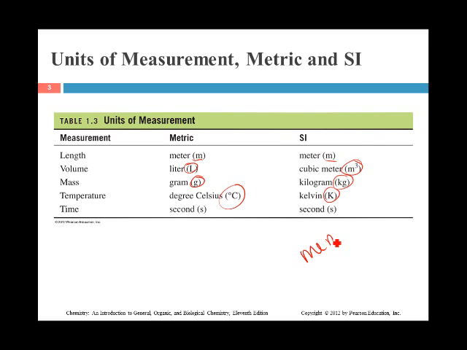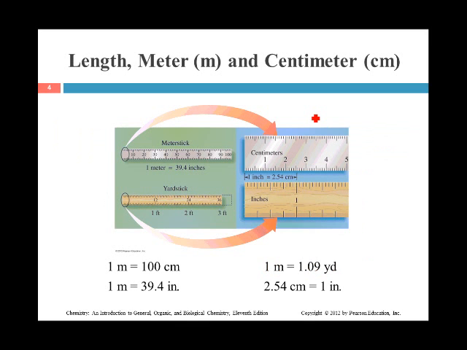You're going to have to take the time to memorize this, make flashcards on that, just to know what the SI units and what the metric units are. I am primarily going to be concerned with the SI though, so make sure to memorize at least the SI.